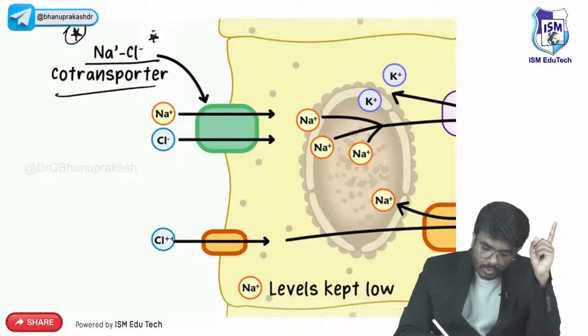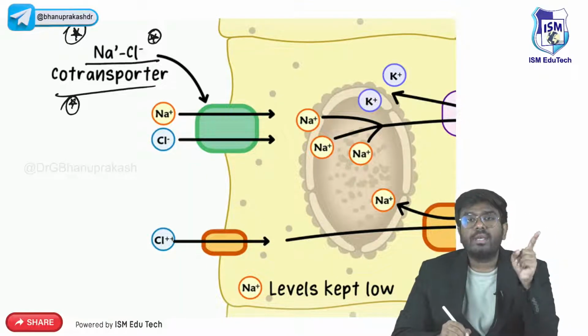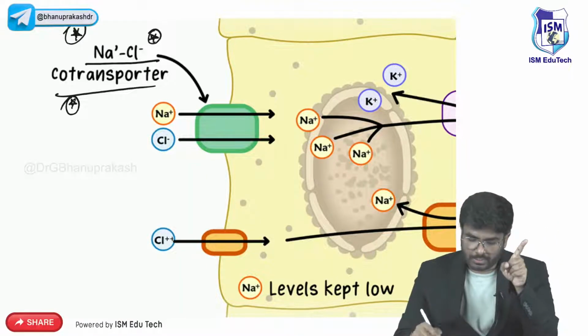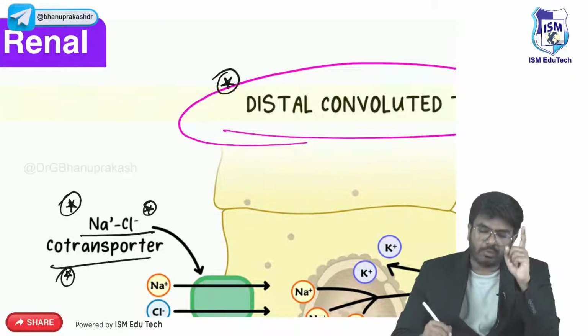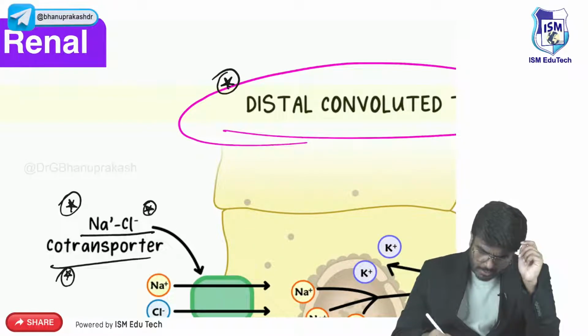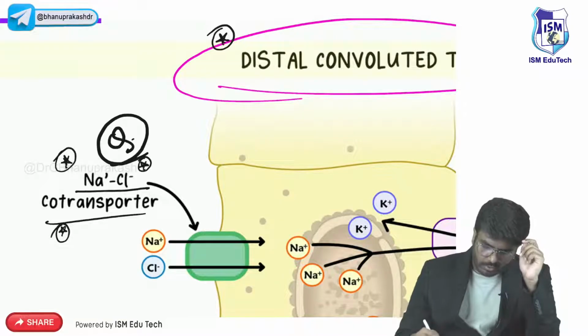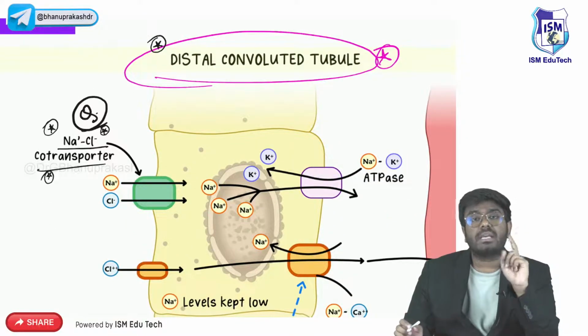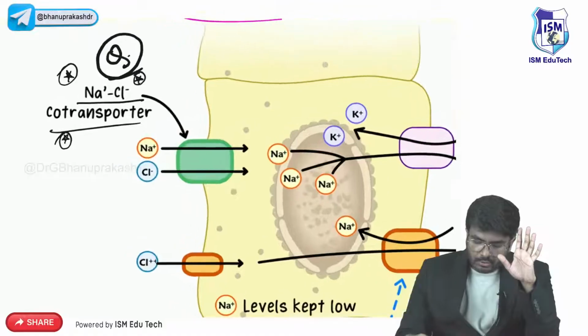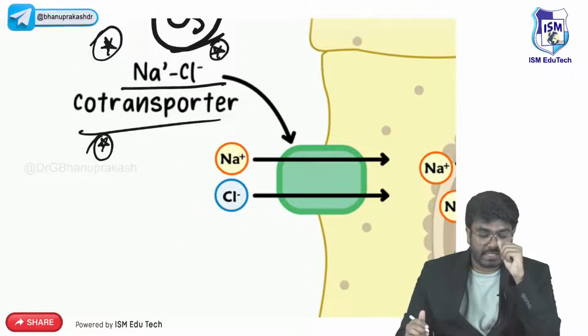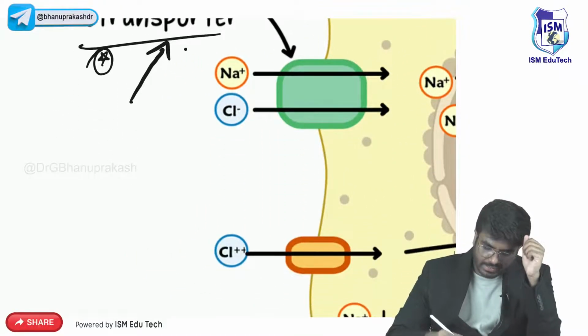But the sodium chloride co-transporter is present on the distal convoluted tubule. MCQ. And it is blocked with the help of a drug called thiazide diuretics.